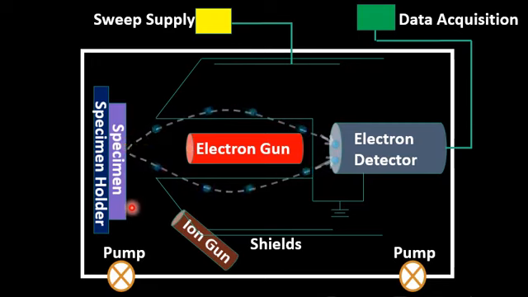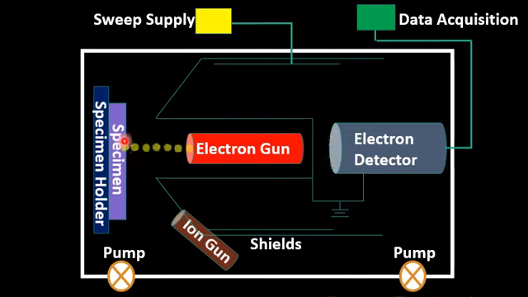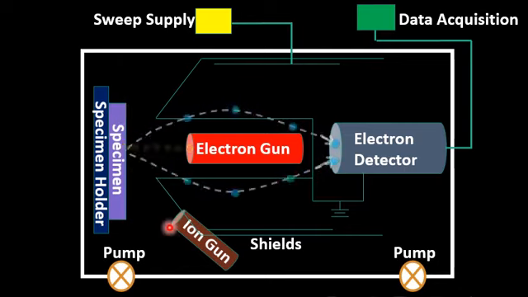Please note that Auger electron spectroscopy is a surface sensitive technique. The Auger electrons can only be emitted up to a very small depth, around 3 to 10 nanometers. So in order to get the Auger electrons efficiently, the ion gun removes the physically adsorbed gases if they are present on a specimen surface.